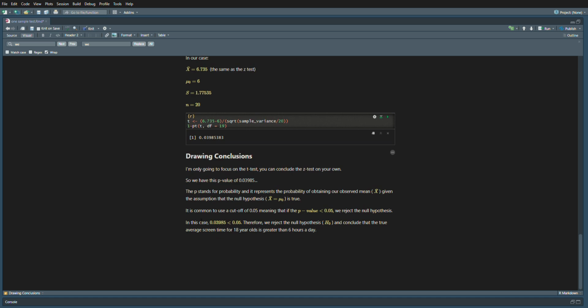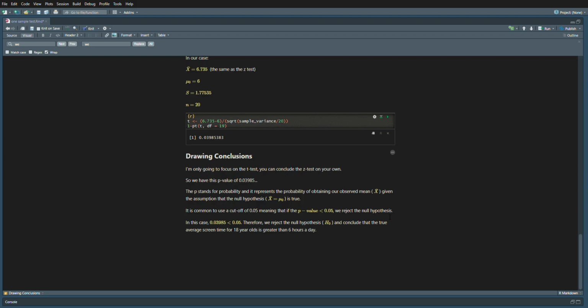And it's a common cutoff to use 0.05 to accept or reject. Or rather, you can't accept the null hypothesis, you can fail to reject a null hypothesis, and then you can also reject the null hypothesis. So if the p-value is less than 0.05, we reject the null hypothesis.